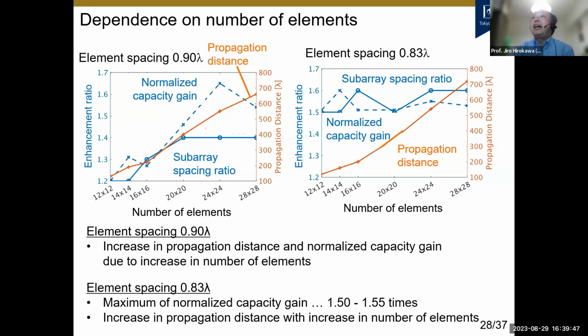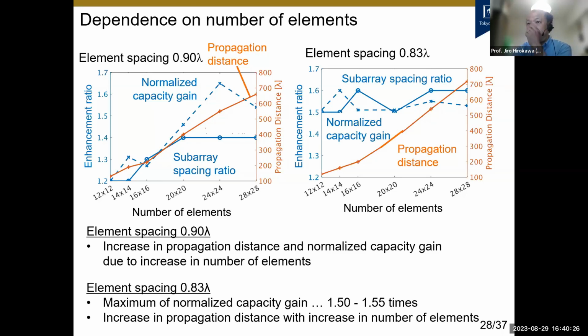And this is the dependence on the number of elements. The left figure shows the element spacing of 0.9 wavelengths, while the right figure shows the results for the element spacing of 0.83 wavelengths. For the element spacing of 0.9 wavelengths, we can increase propagation distance and normalized capacity gain due to the increase of the number of elements.